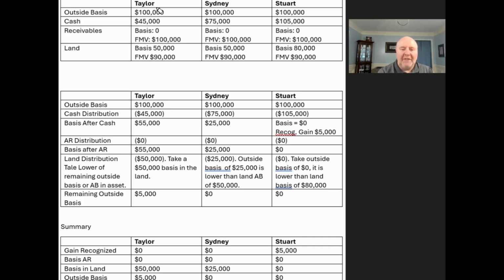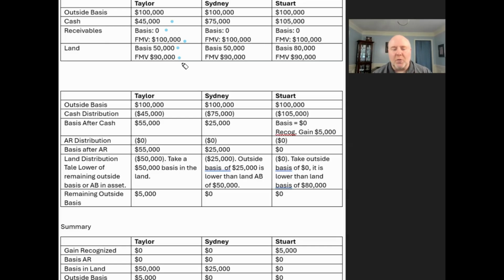Taylor has an outside basis of $100,000. The partnership makes a distribution to Taylor of cash of $45,000, receivables with a fair market value of $100,000 but a basis of 0, and land that has a basis of $55,000 but a fair market value of $90,000.